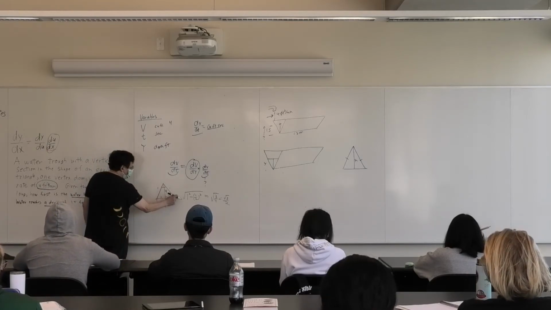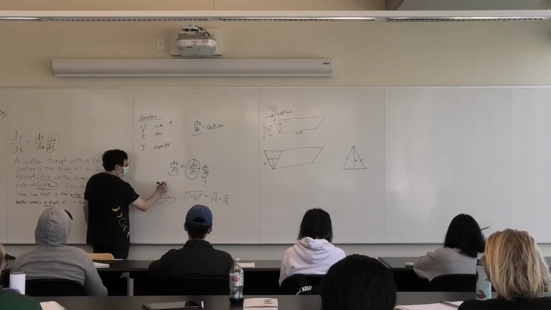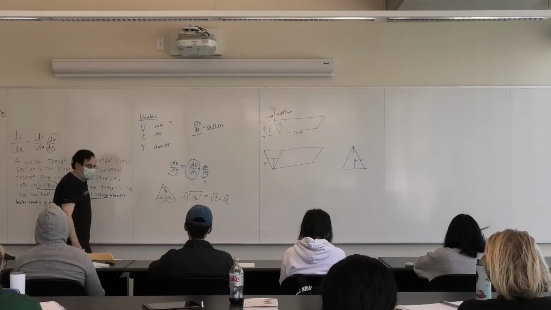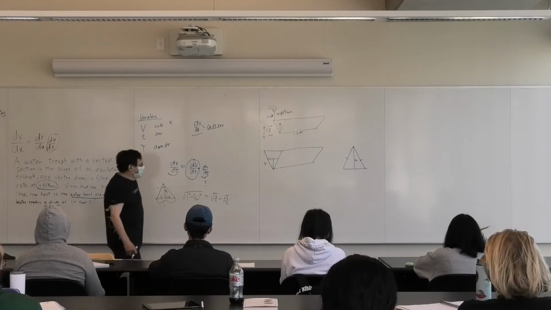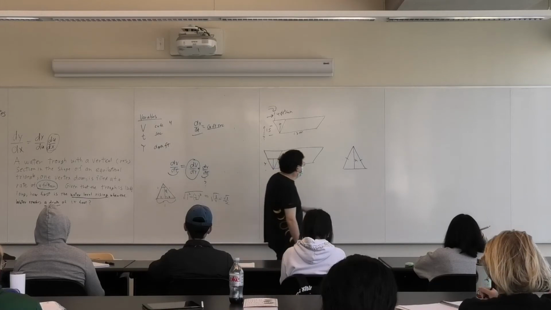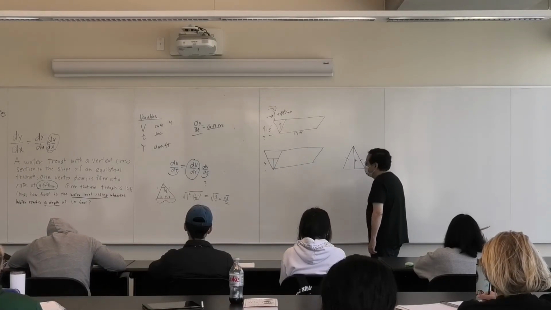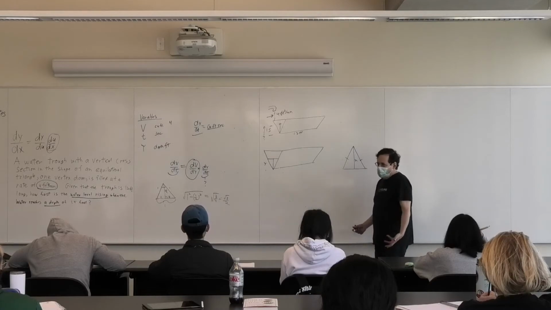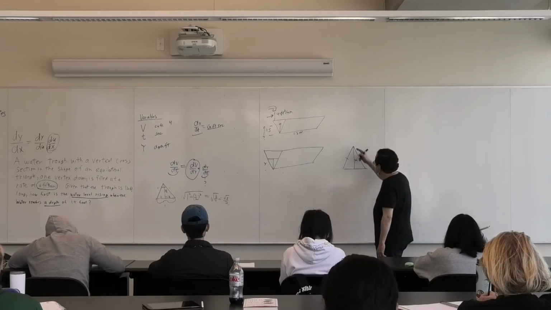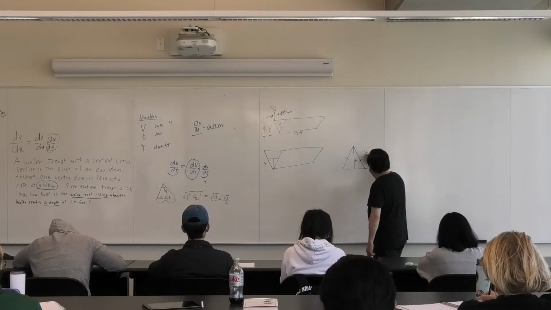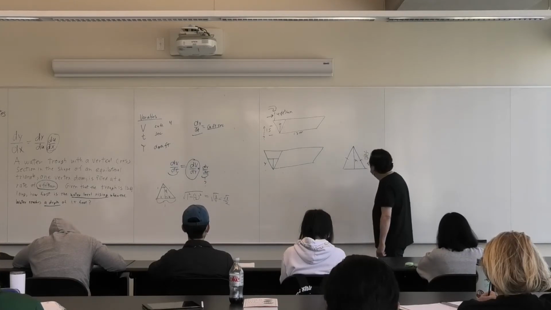If one of the sides is 1, and the height is square root of 3 over 2, they're in a constant ratio. So if I happen to know the height, h, I know this is some multiple of h. It would be 2h over square root of 3.